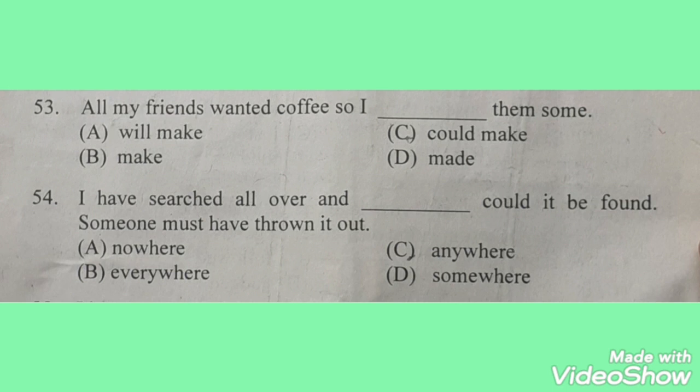Because of that, we need to use the negative indicator, which is nowhere. He doesn't have a chance to get it. That's why nowhere is the correct answer. I think you get it well. You understand these two questions well. If you want to have more, ask me.